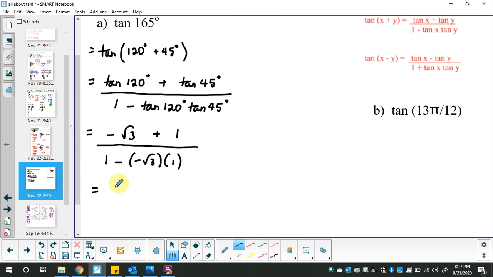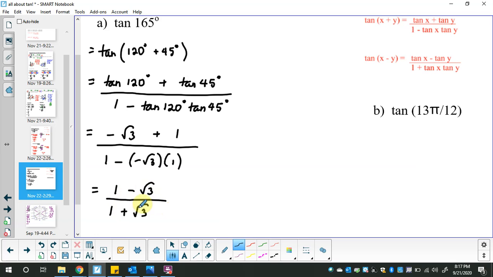Make this look pretty. I've told you before, I don't like starting with negatives, so I'm going to flip this around, not that it matters. 1, that is itself, times another negative is a positive, and we get this answer. And yeah, that's a pretty uncool answer, back to the we don't like roots in the denominator, but I'm going to leave it. It's an exact value. I'm happy at this point.